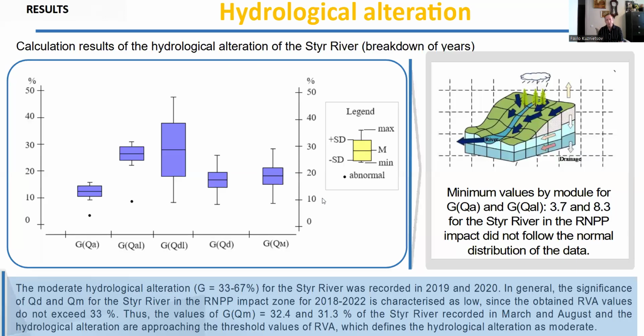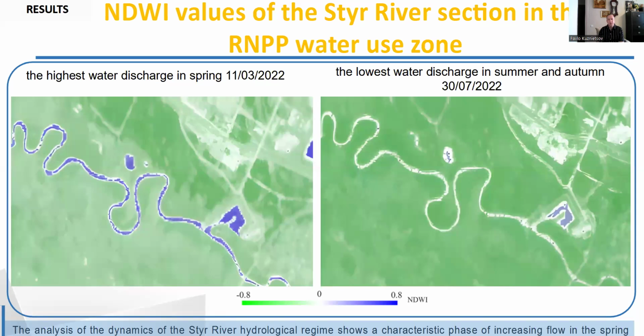Statistical indicators by module of hydrological alterations to the river in the impact zone show the largest variation for the maximum values of the average daily flow. The smallest variation is observed for the annual flow. The presented data on the seasonal minimum and maximum flows of the Styr River are comparable to the NDVI data.